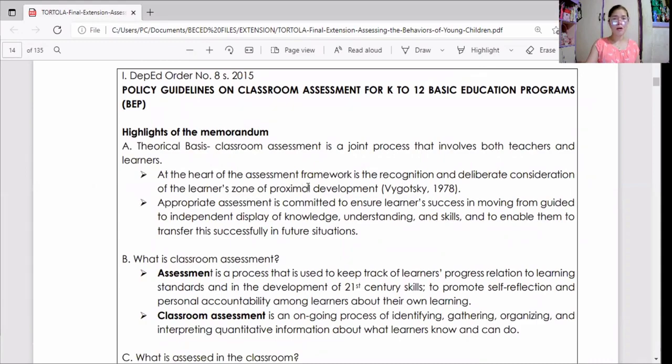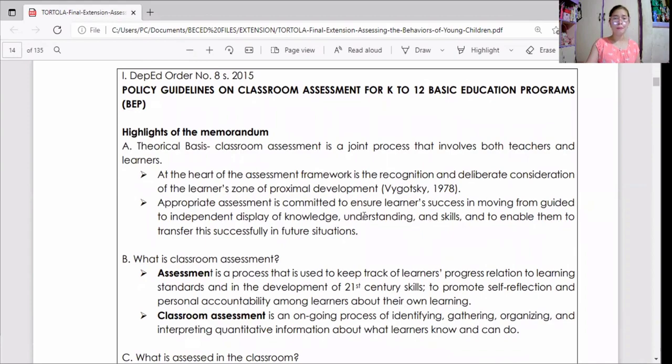So, the main purpose of assessment is to develop or to improve the learning of our young learners. And appropriate assessment is committed to ensure the learner's success in moving from guided to independent display of knowledge, understanding, and skills, and to enable them to transfer this successfully in future situations.